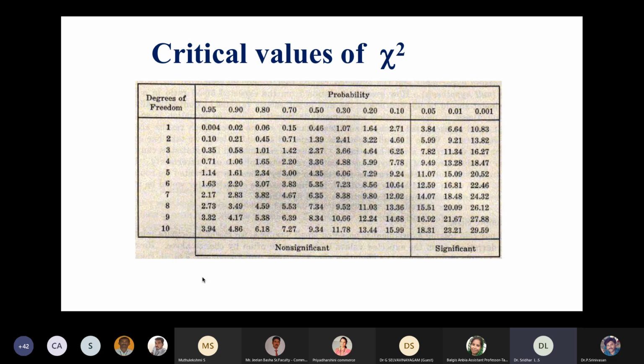This is the critical values table. Anyway, we are not going to use the tables. I told you that we are mostly moving on to the software. The software helps us understand by the p-value. We are not going to use the critical values.